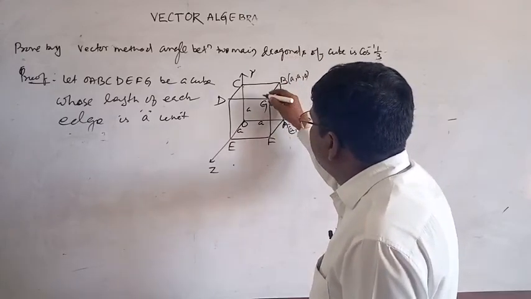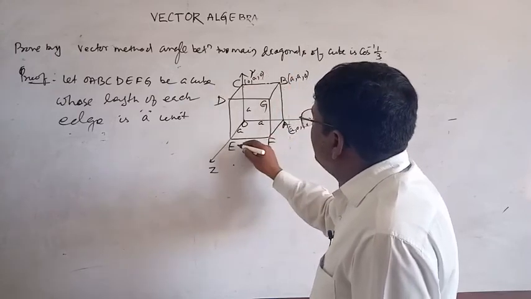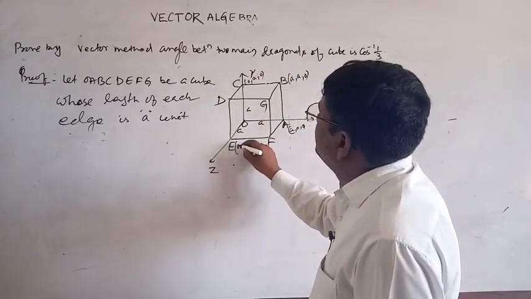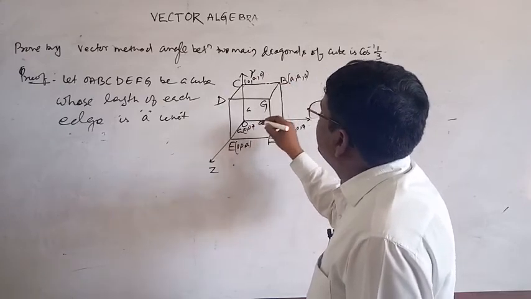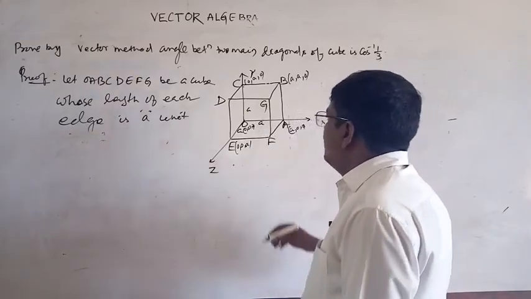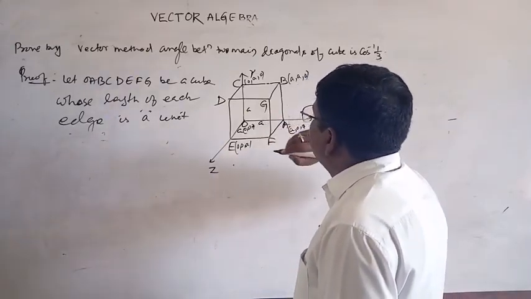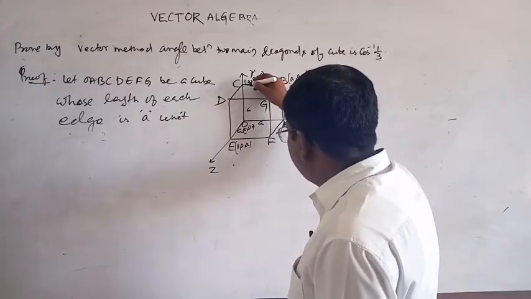This is on the y-axis, (0, a, 0), and this is on the z-axis, (0, 0, a), and this is (0, 0, 0), the origin. Here the two main diagonals are OG and EF, or you can say CF and DA.